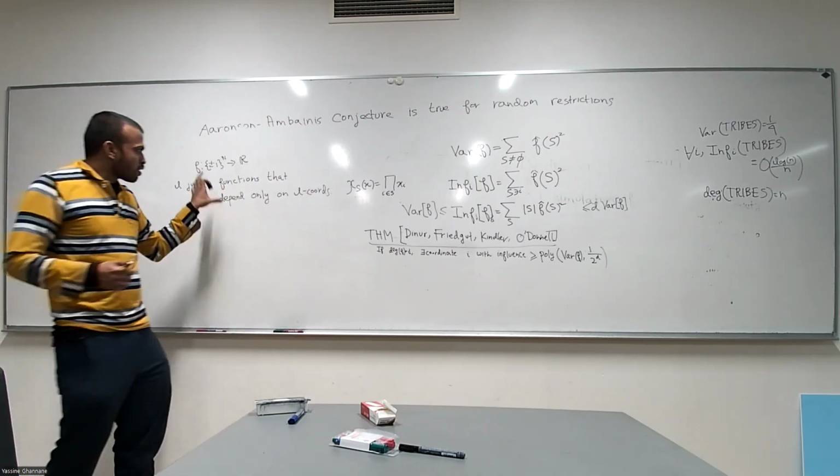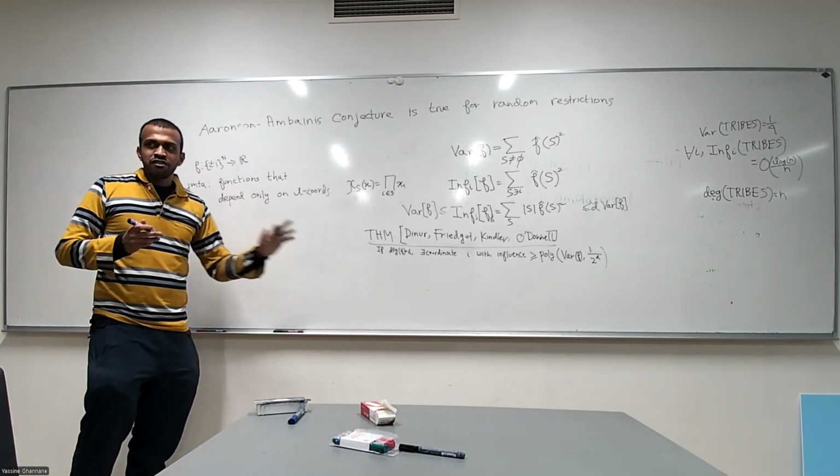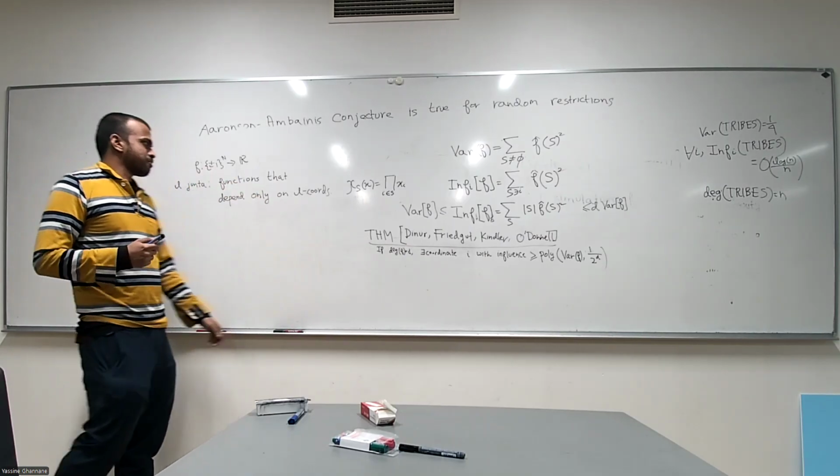The other opinions are irrelevant. So motivated by that, we call a function an L-junta if its value depends only on the value of some L coordinates.